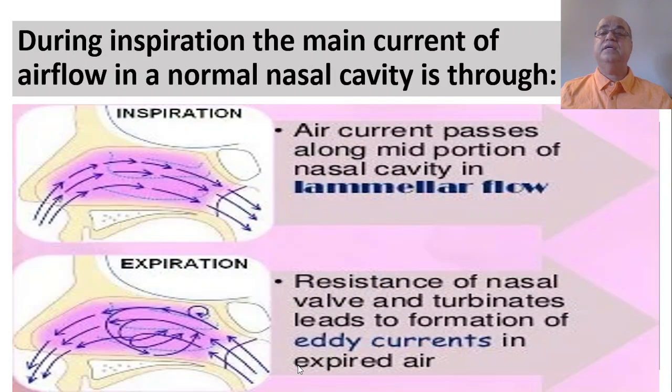This is the diagrammatic representation of what I just mentioned: during inspiration, air goes in a lamellar flow through the middle part of the nose, while during expiration, when the air is being expelled out at the limen nasi or nasal valve area or anterior end of the turbinates, there is friction, and due to that friction this lamellar flow or air current is converted into eddies.